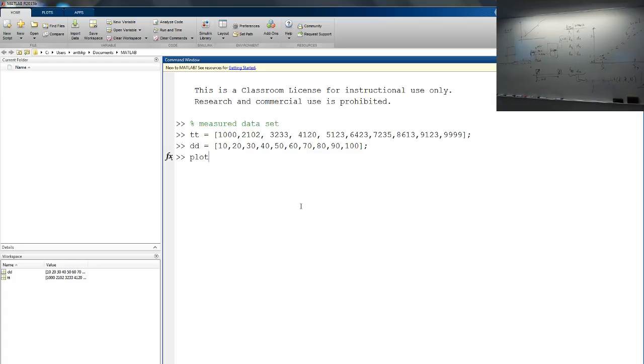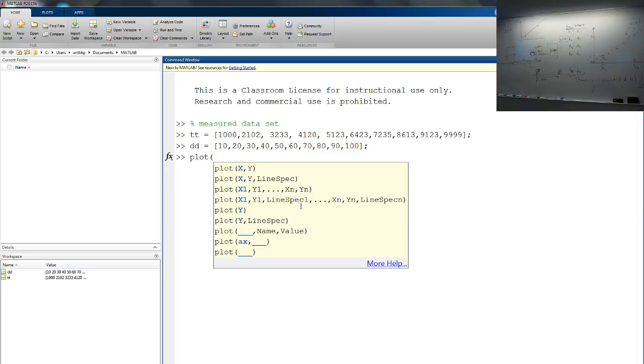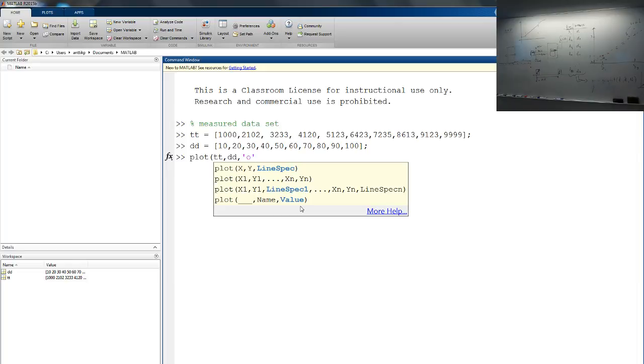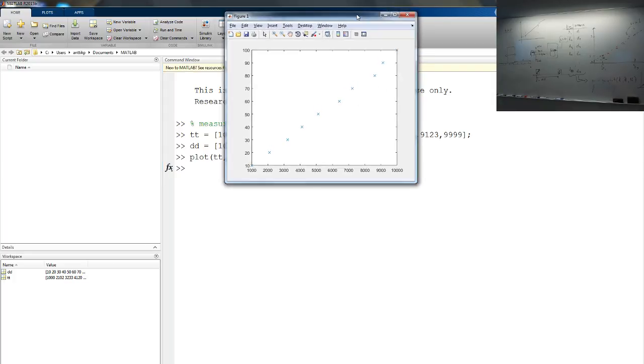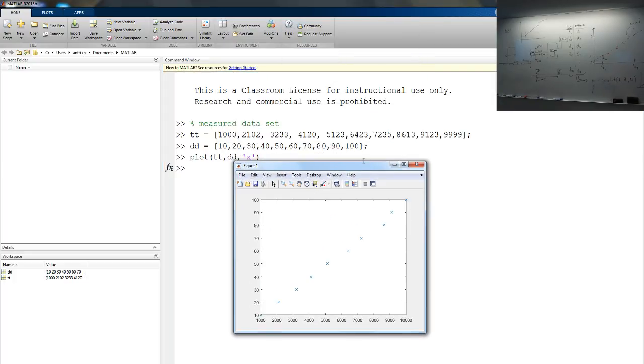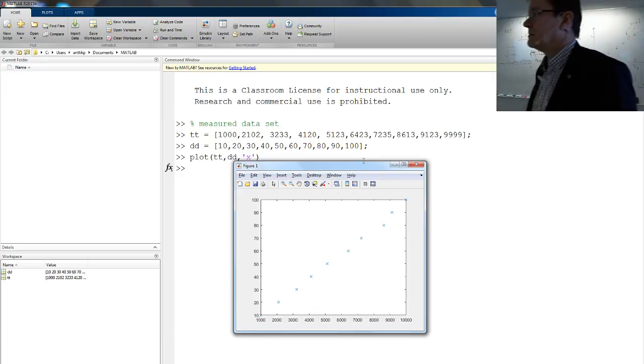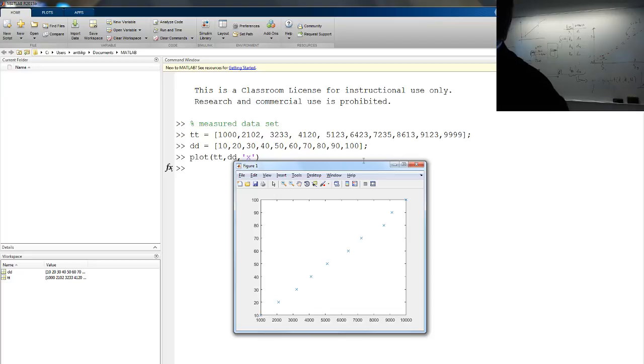So basically what it would look like is the data set, T and D, put in circles or crosses. So this is the data set. My question here is, can I make a linear fit to that?